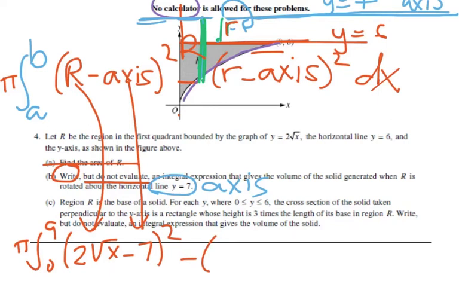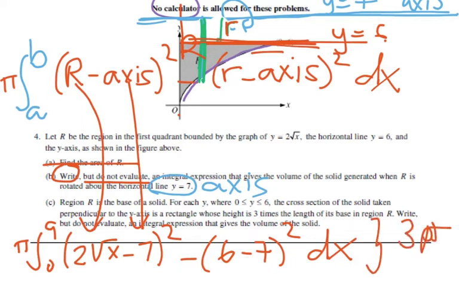The little r is this horizontal line, which is 6, minus the axis, which is 7, squared, dx. Alright, so for part B, it says set up but do not solve, so we're pretty much done. And just this part alone is worth 3 points.